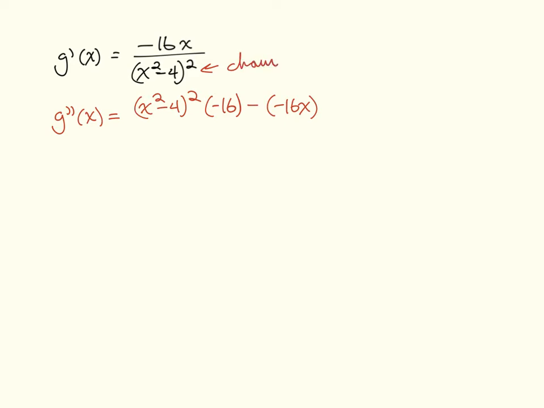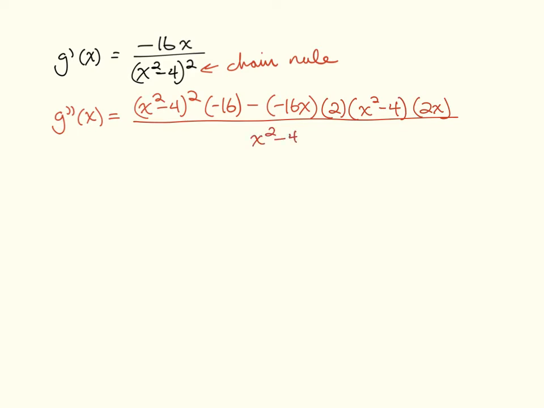You will need to use the chain rule to find the derivative of the denominator. When you use the chain rule, the derivative of the denominator is 2 times x squared minus 4 times the derivative of the inside, which is 2x. All of that will be over the denominator squared, which ends up being x squared minus 4 to the fourth power.